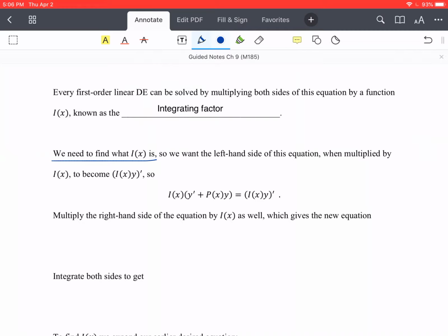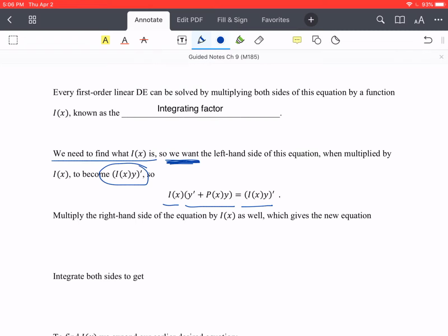So we want the left-hand side of the equation, when multiplied by I of x, to become this expression. Okay? Now, emphasis on this is what we want. So what we can do is say, okay, well, take the left-hand side of the equation, multiply it by I of x, and I want that to be equal to I of x times y prime.